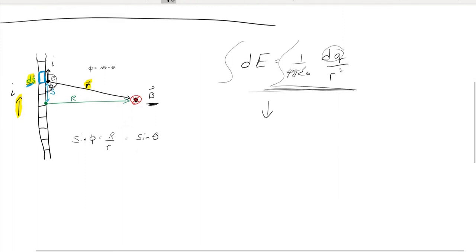In other words, I'm going to replace the infinitesimal electric fields with infinitesimal magnetic fields. I'm going to replace the change in charge with, well, I can't do a change in current, but I do have current that changes its position along the wire.